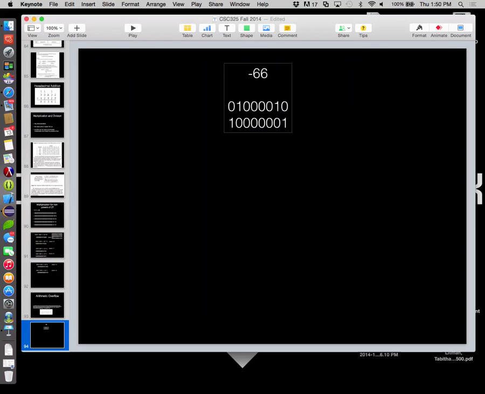So is that a positive 66? 64s, this is 1s, 2s, 4s, 8s, 16s, 32s, 64. 64 plus 2 is 66. Flip the bits because it's a negative number, so we need to encode it. 1, 0, 1, 1, 1, 1, 0, 1. Add 1 to that. Get that as our final number. 1, 0, 1, 1, 1, 1, 1, 0.